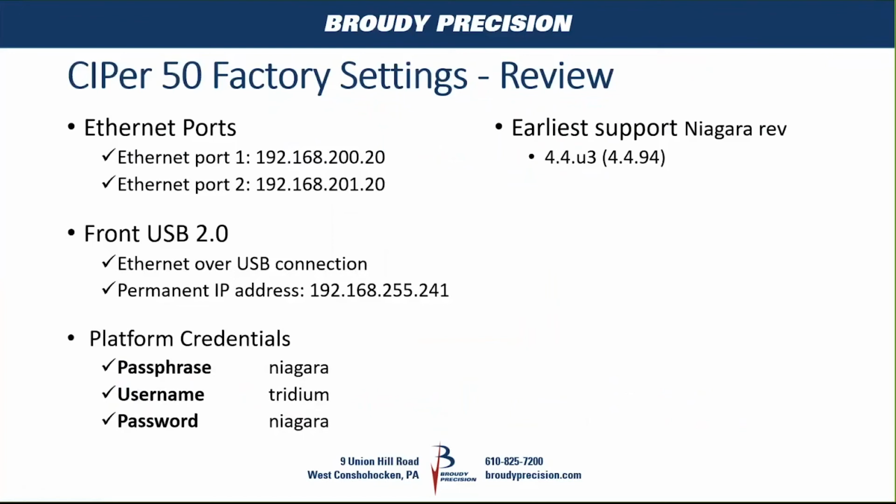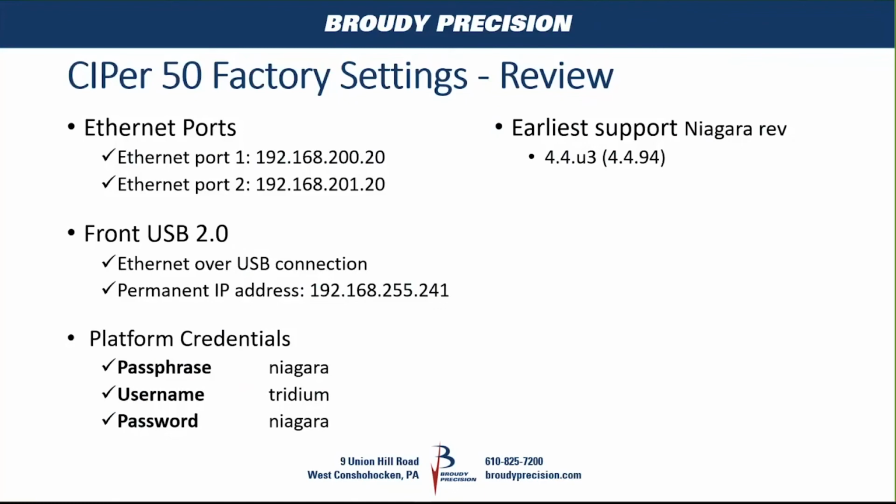With the CIPer 50, you have basically 3 Ethernet ports. You've got your standards, primary and secondary, port 1 and 2. Out of the box, it's 192.168.200.20, and 201.20 for port 2. There's also a USB 2 port on the face of the 50 that is Ethernet over USB.